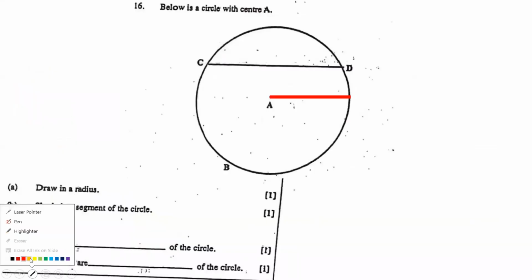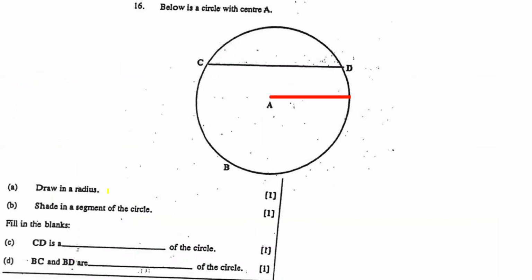So let's shade. We could either shade this section, which we call the minor segment, or the major segment, which is the opposite side. But I'm going to shade the minor segment. So this is the minor segment, and the other side is the major segment. So let's shade this part.